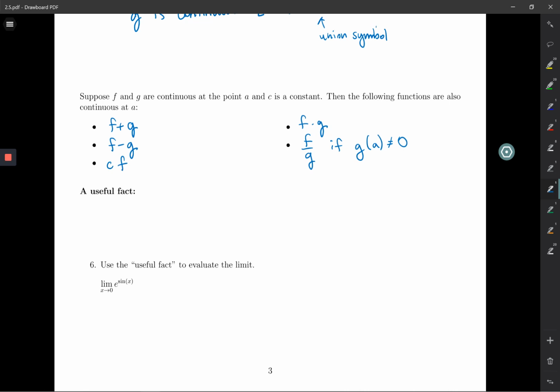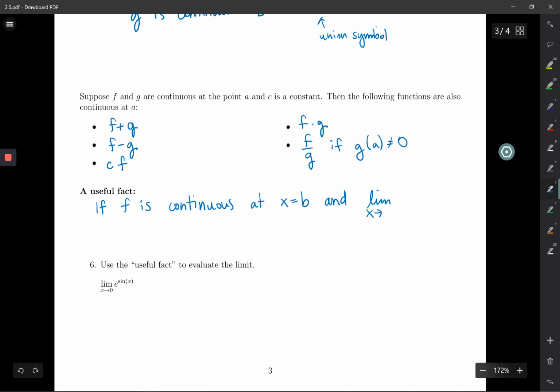So a useful fact is that if a function f is continuous at x equals b, and the limit as x goes to a of a function g of x is equal to b, then the limit as x goes to a of f composed with g is equal to f of the limit as x goes to a of g of x.